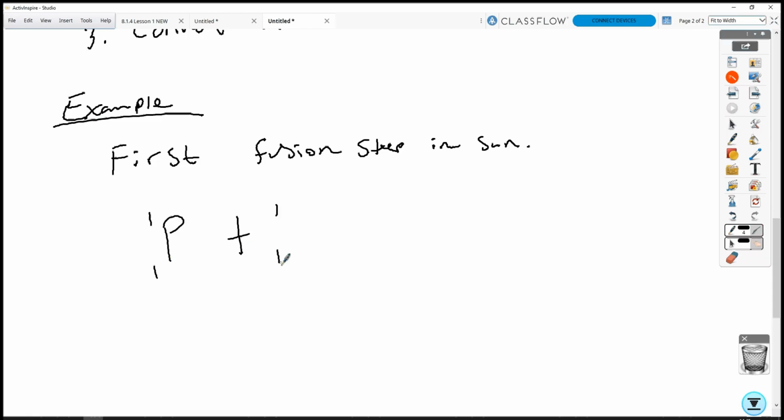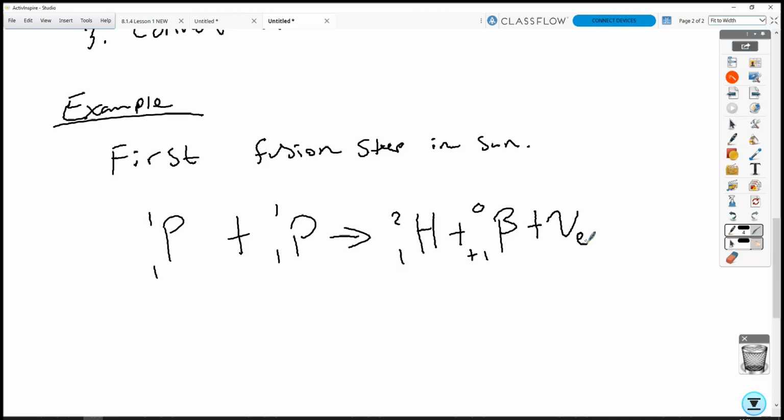Proton plus another proton becomes, now you normally expect that to become 2 and 2 if they fuse together, but instead they become deuterium, which means that one of those protons has decayed into a beta plus, so that's 0 plus 1. And then it's also released an electron type neutrino and some energy.